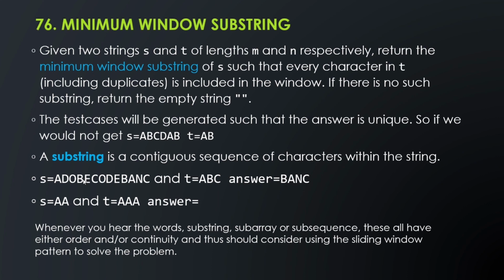Then we can consider using the sliding window pattern to solve the problem. And the best way to know whether or not this will work is to just draw it out on paper. Just solve it on paper using the sliding window pattern, and then pull out the steps and see if we can come up with an algorithm.